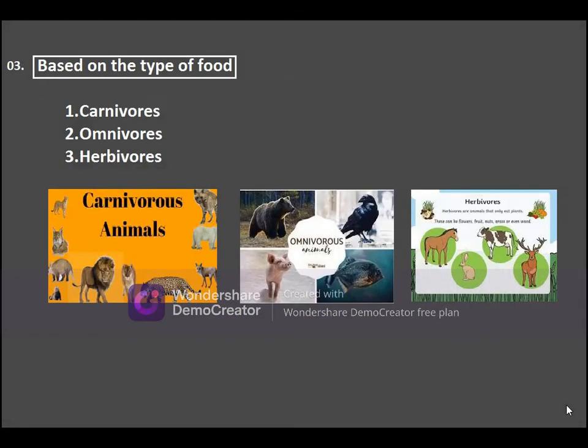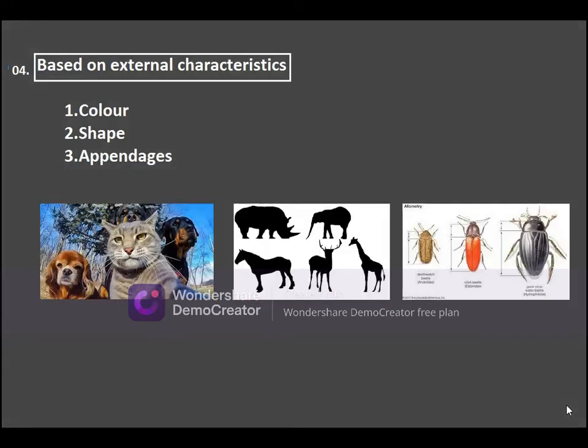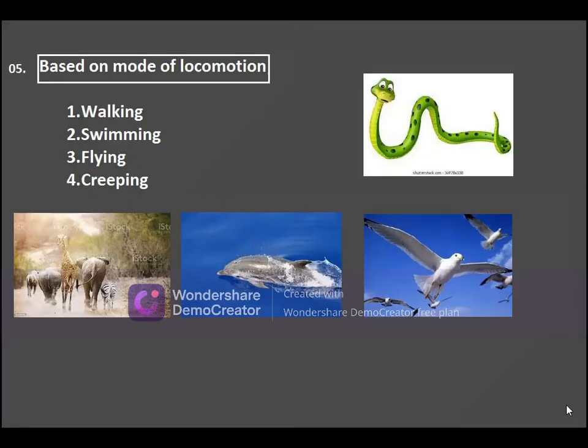Based on the type of food: carnivorous, omnivorous, herbivorous. Based on external characteristics: color, shape, appendages. Based on mode of locomotion: walking, swimming, flying, creeping.